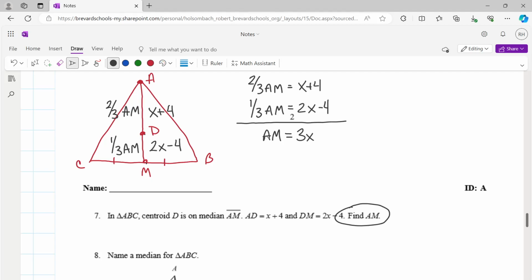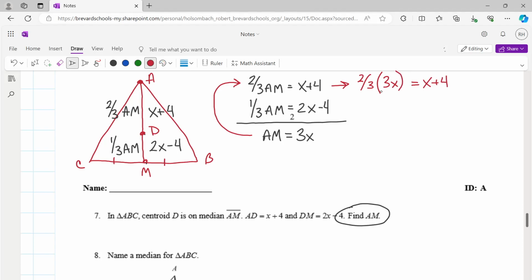So watch. If AM is equal to 3x, we take AM and we substitute it right here. And we get 2/3 times AM, which is 3x, is equal to x plus 4.